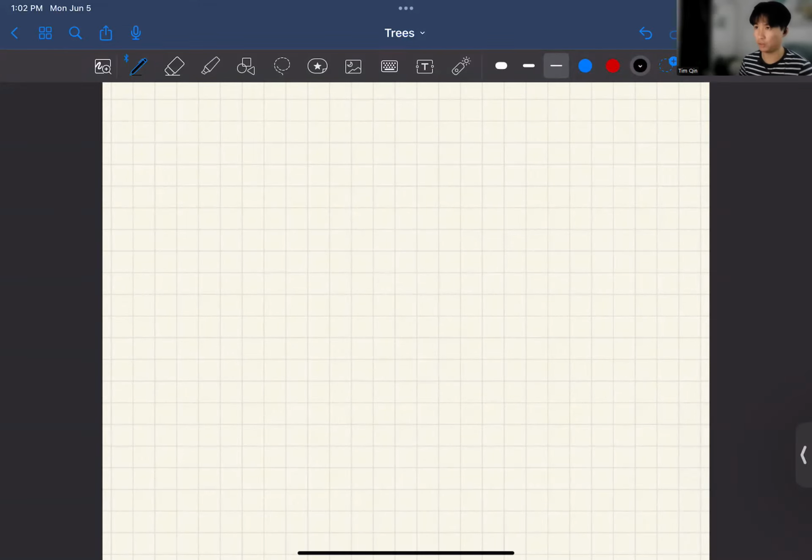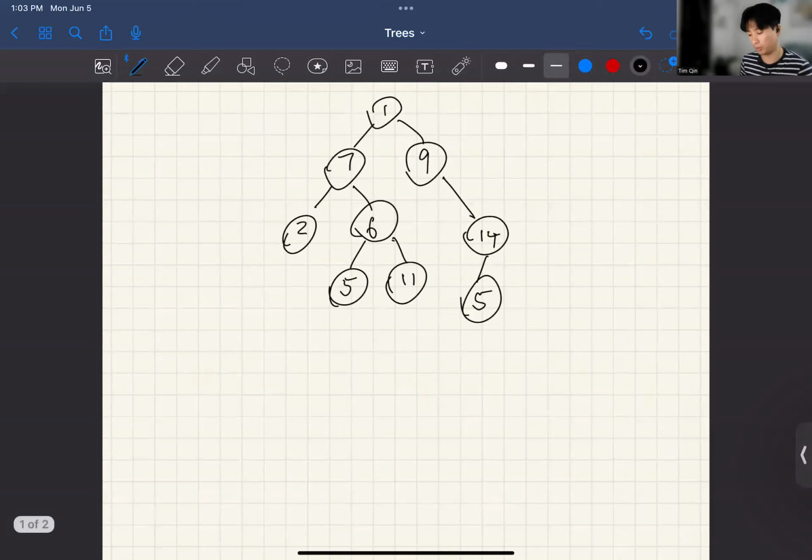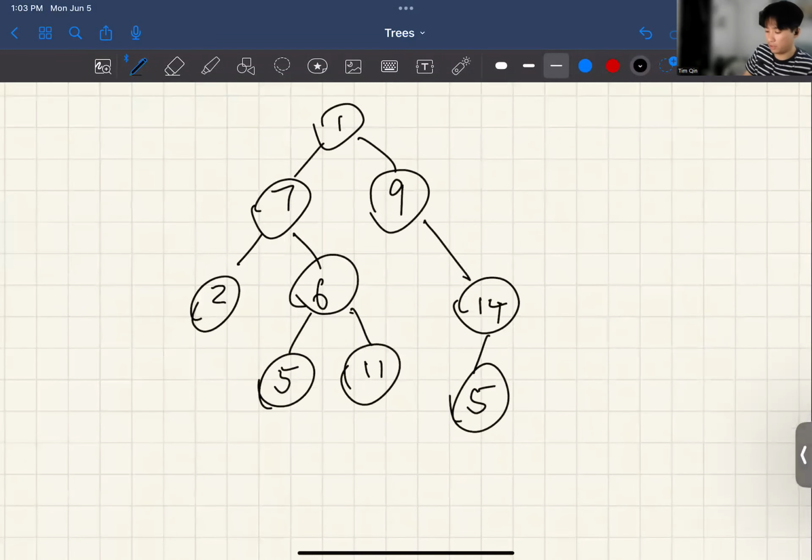So without further ado, I'll be doing a quick lecture on the data structure trees. The tree is a pretty important data structure that consists of a few key components that we essentially need to keep track of. The first thing is the root, which is this right here.